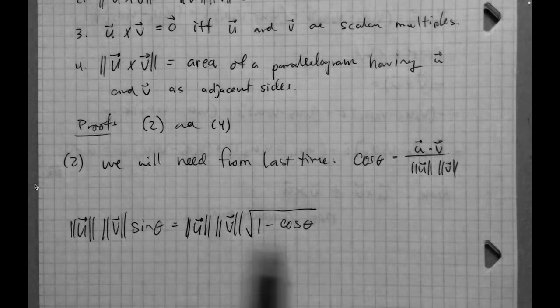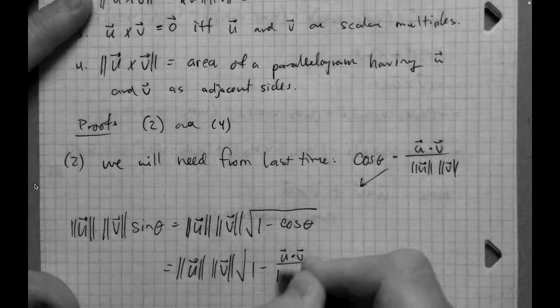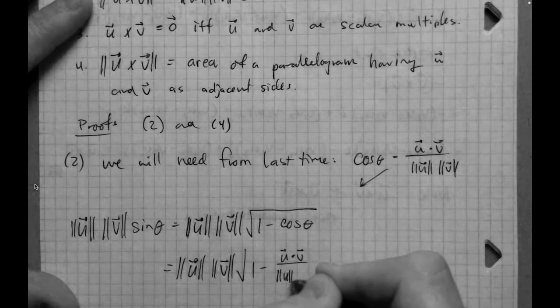That just follows directly from the Pythagorean identity. Now let's substitute in for the cosine here. So we get the norm of u times the norm of v times the square root of 1 minus u dot v over the norm of u times the norm of v, squared.